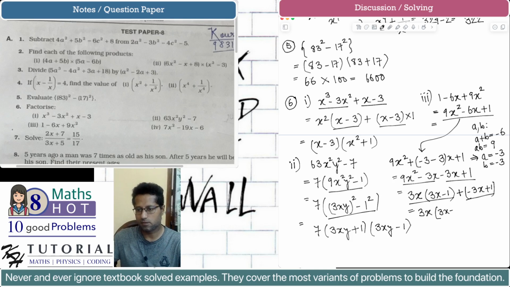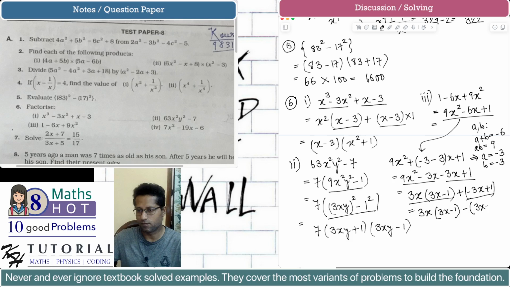But I know that the second group can be rewritten as, if I take minus 1 common from both the terms of the second group, this will be equal to minus 3x minus 1.